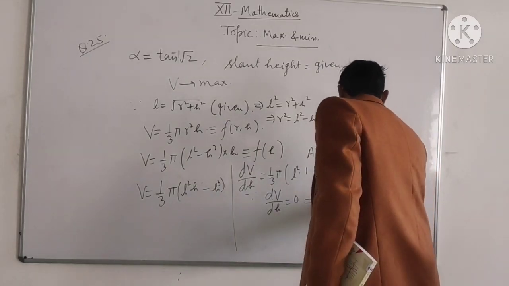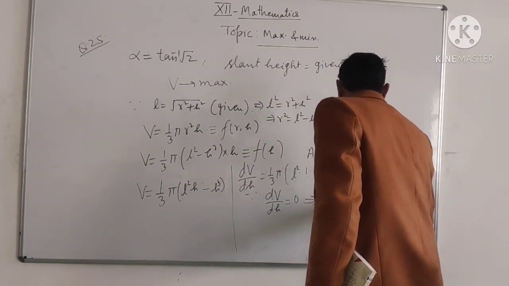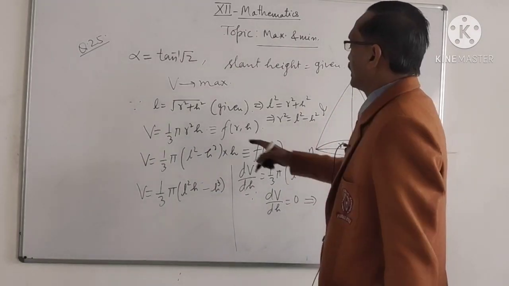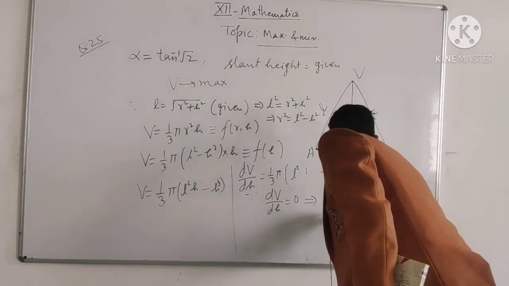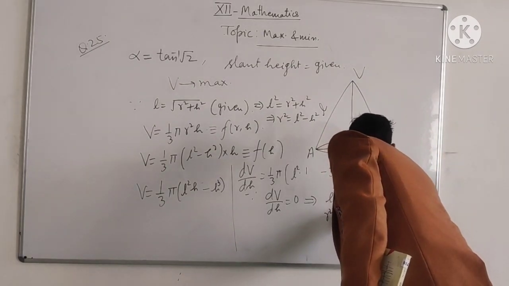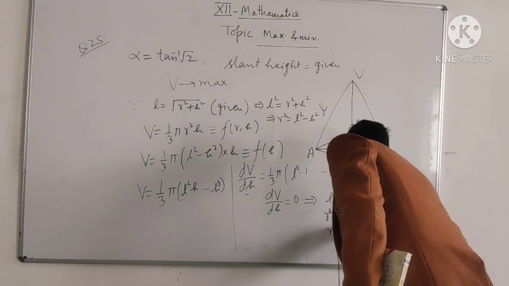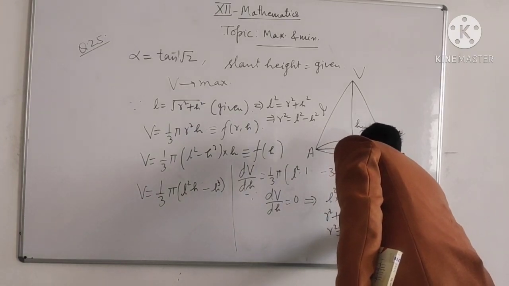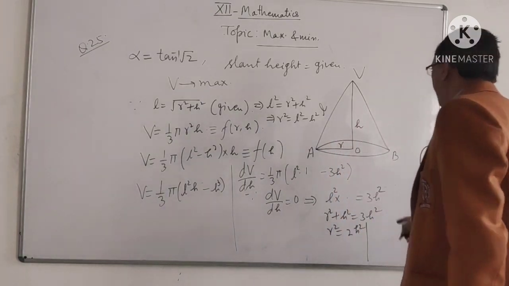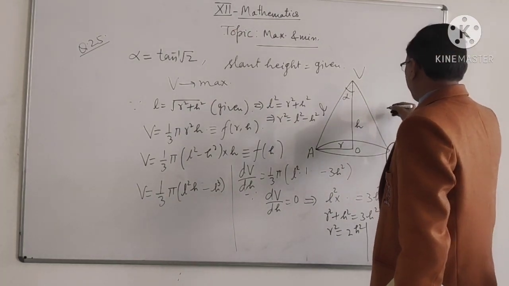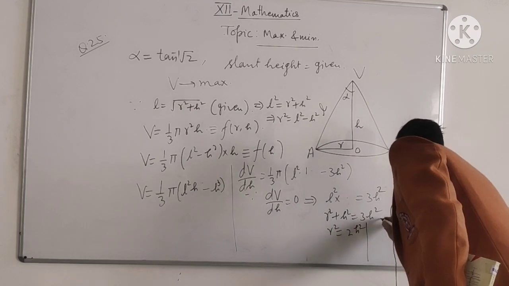Here L square equal to 3H square. Since L square equal to R square plus H square equal to 3H square, from this we will get R square equal to 2H square. And this angle is the semi-vertical angle. From this we can find tan alpha.